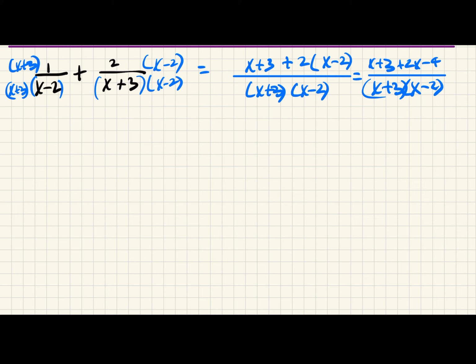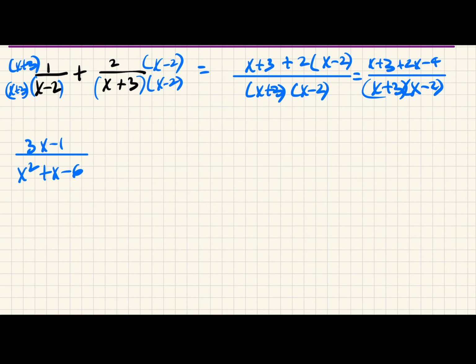Now, if I combine all these terms, I'd have 3x minus 1 over, and then multiplying that out, x squared plus x minus 6.